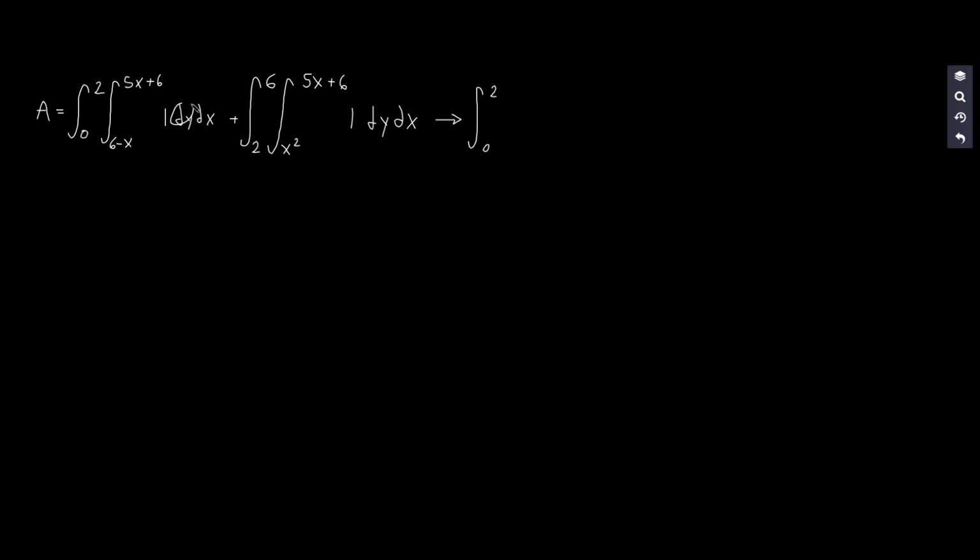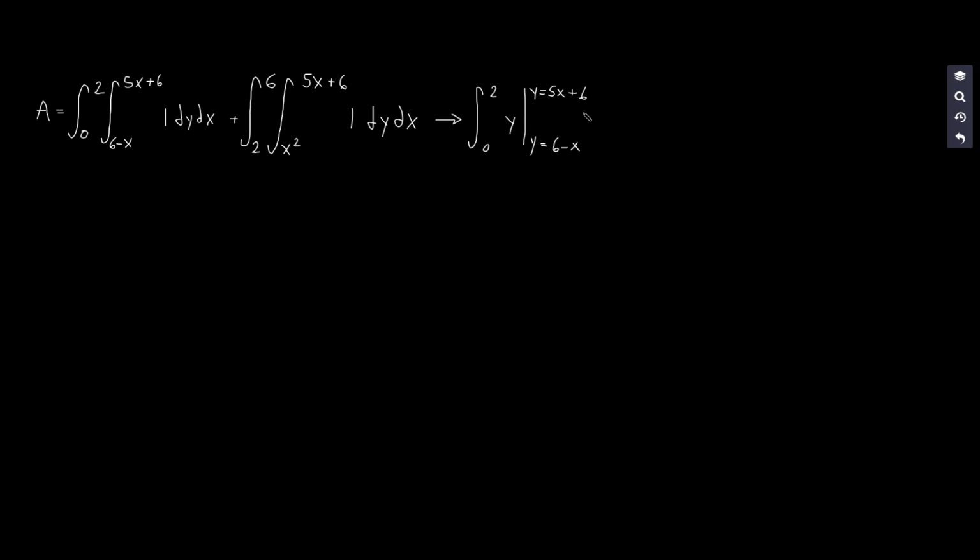So if the integrand is 1 dy, I'm just going to tack a y onto this. The lower limit of integration over here is 6 minus x, so y equals 6 minus x. The upper limit of integration is 5x plus 6, so y equals 5x plus 6.